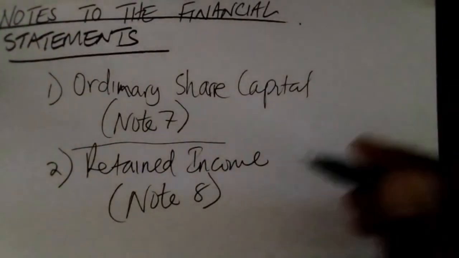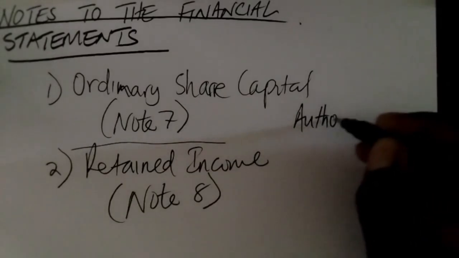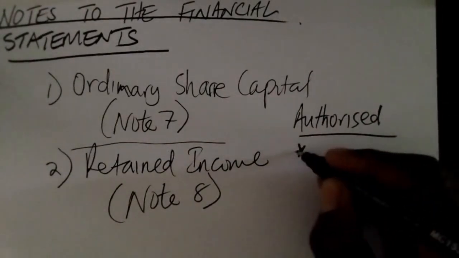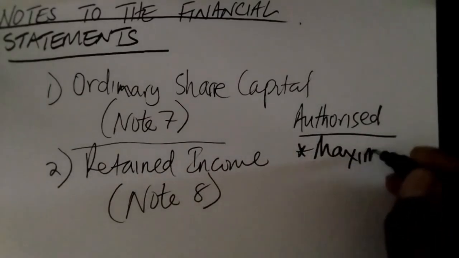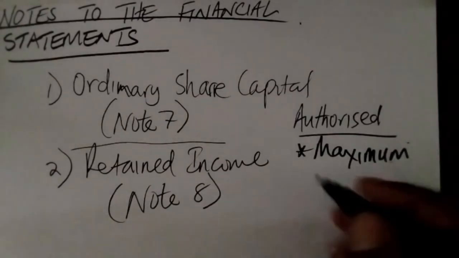You need to remember that when you're talking of share capital, there are what are called authorized shares. When you talk of authorized, this is the maximum number of shares that the company is allowed to issue based on its memorandum of incorporation. So this is the maximum number of shares that the company can sell or issue.